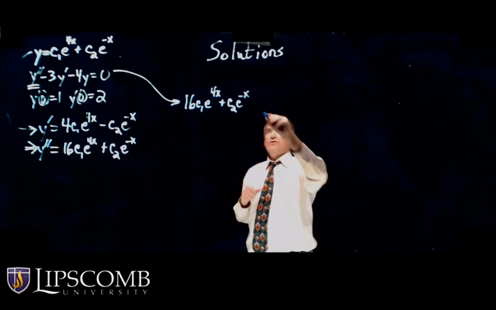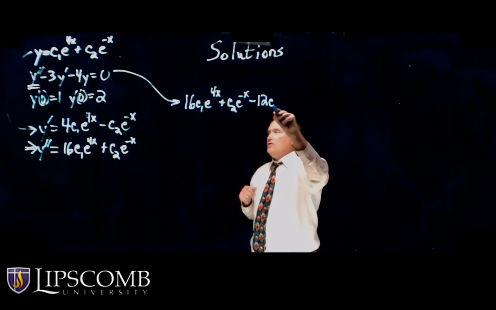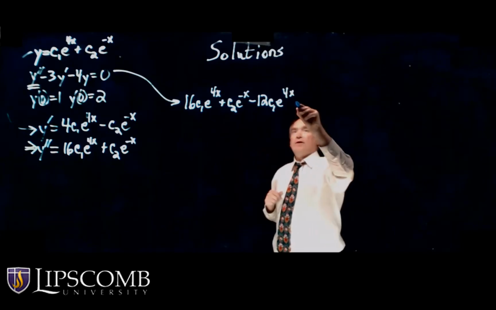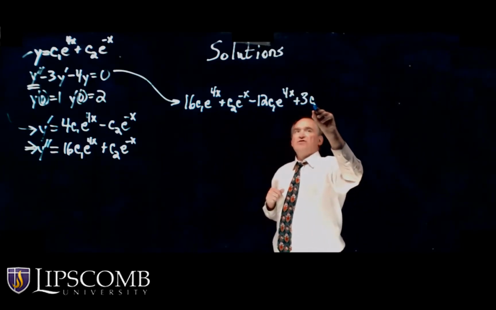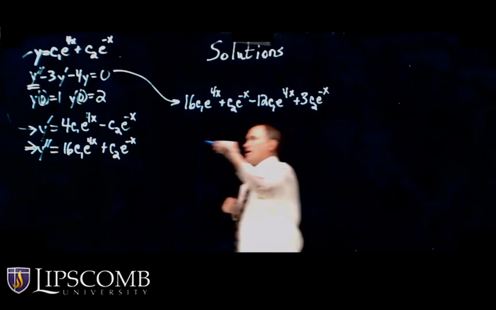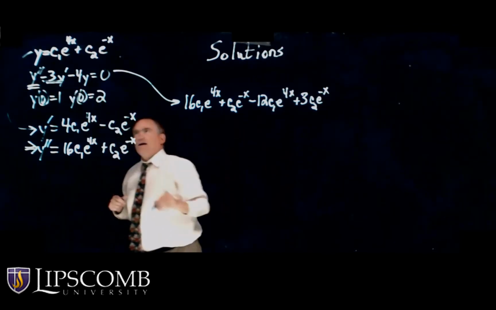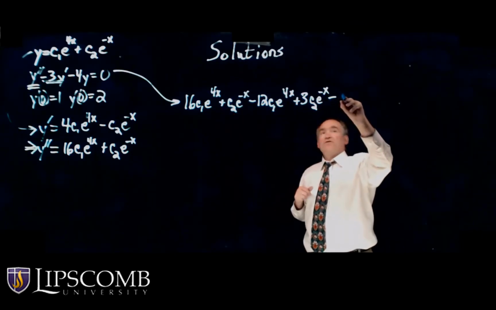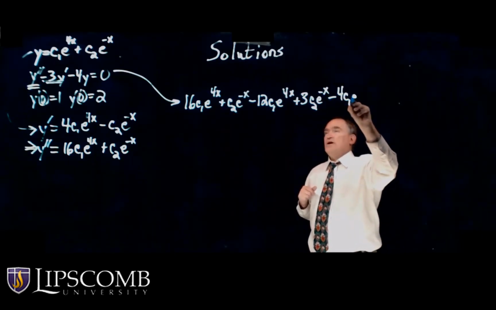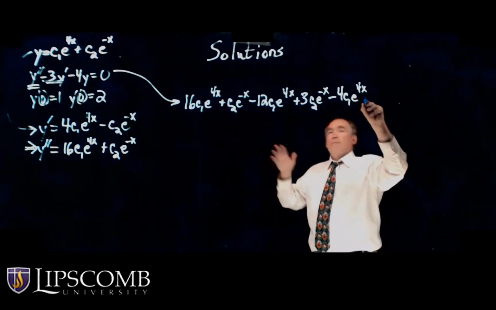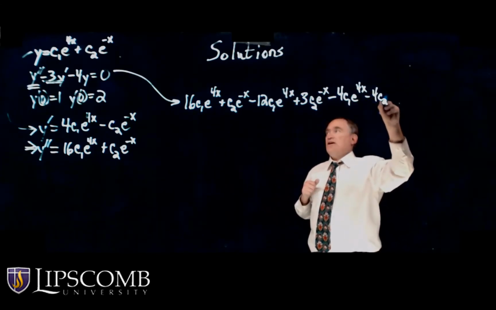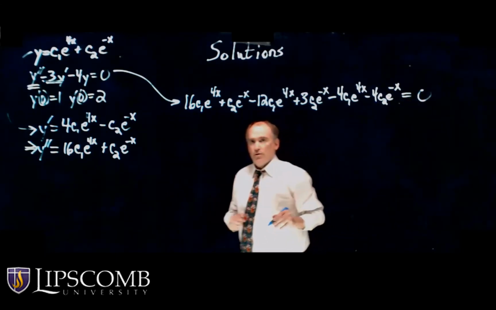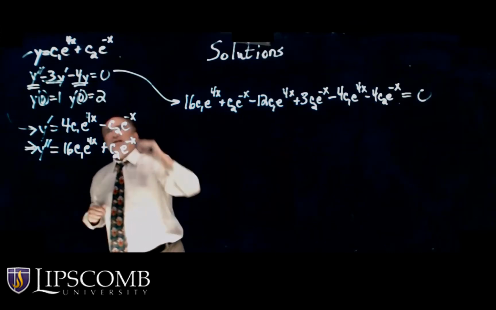Minus 3 times the first derivative, so this would be minus 12 C1 e to the 4x, and minus 3 times a negative becomes a plus 3 C2 e to the negative x. So that takes care of that. And then minus 4 times y, so that'd be minus 4 C1 e to the 4x minus 4 C2 e to the negative x. And all that's supposed to be equal to 0.